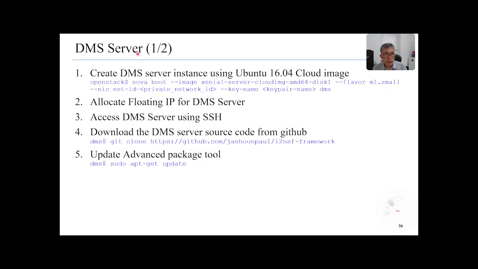And then DMS server. Create DMS server instance using Ubuntu 16.04 cloud image using Nova boot, and allocate the floating IP address for DMS server, and then access the DMS server using SSH, and then download the DMS server source code from GitHub from I2NSF framework, and update advanced package tool using sudo apt-get update.